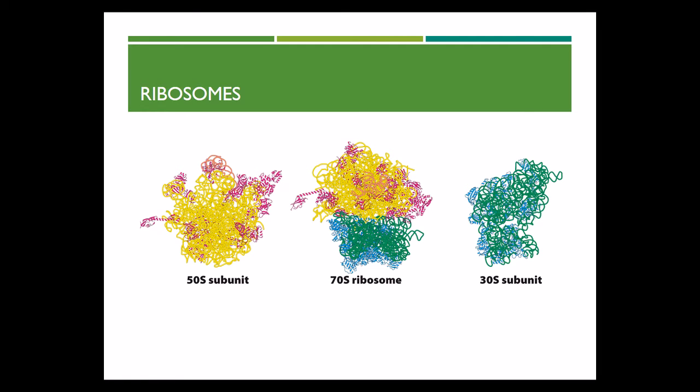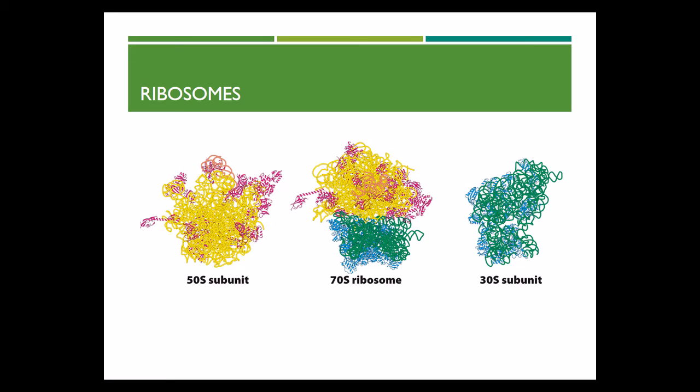The ribosome is a large complex containing both ribosomal RNA and protein. A ribosome consists of a large and small subunit containing RNA molecules, all of which can be described by their sedimentation coefficient. That's the difference between the 50S, the 70S, and the 30S. How do they sediment? Through centrifugation.